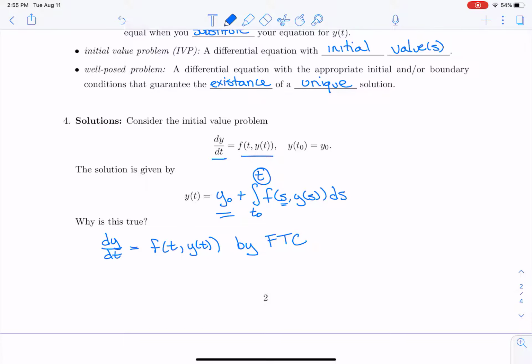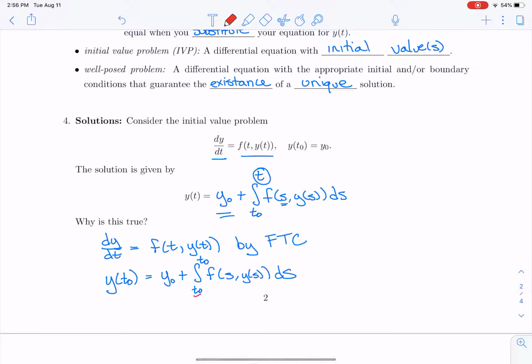But we want to know the solution to the initial value problem, so the initial condition needs to be true as well. So we evaluate y of t sub 0. y of t sub 0 equals y0 plus the integral from t sub 0 to t sub 0 of f of s, y of s, ds. So what happens when you integrate from the lower limit t sub 0 to the same upper limit, t sub 0?